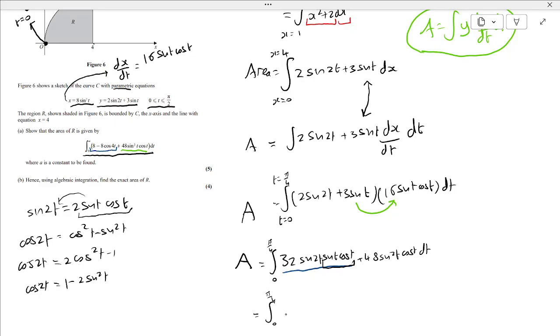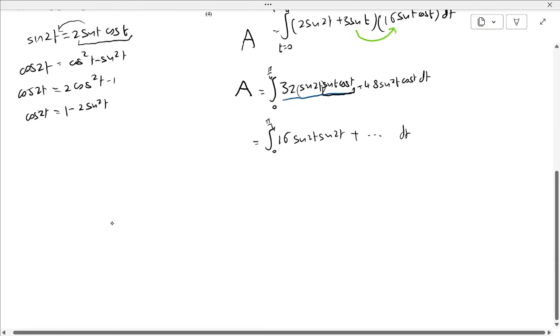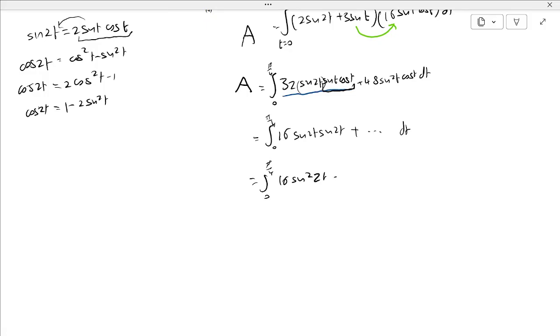That's going to make me 16 sine 2t. This is my first sine 2t here, and then the sine t cos t gives me my other sine 2t. And the rest of it's just the same, not changing it. So now I have the integral of 16 sine squared 2t plus all this stuff still.